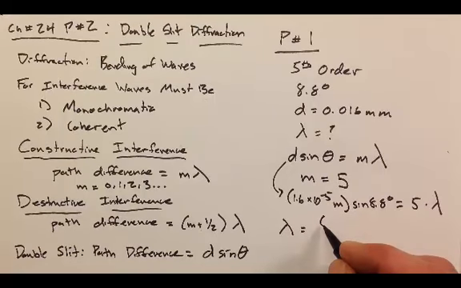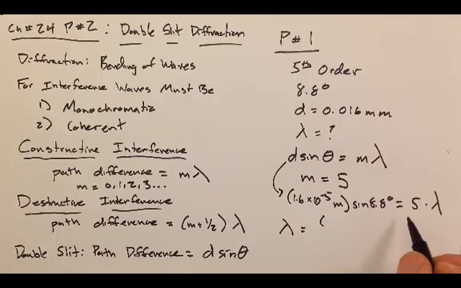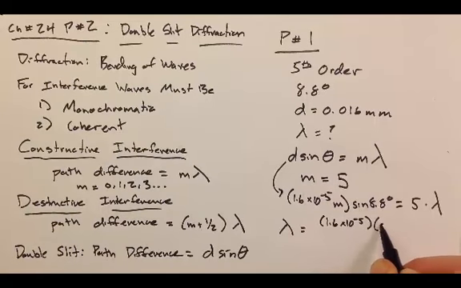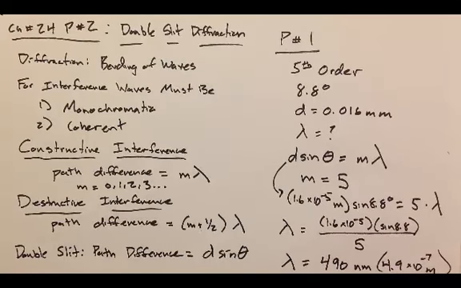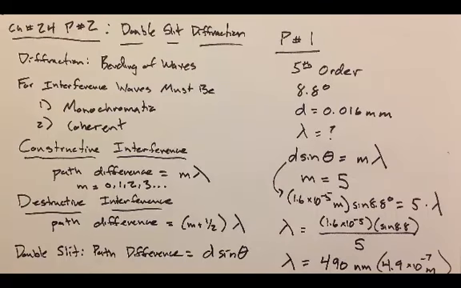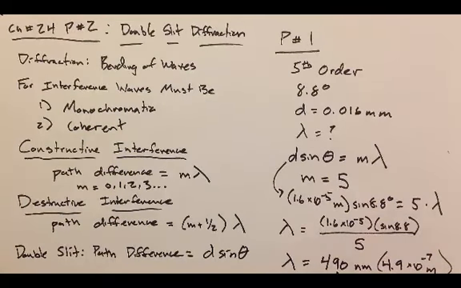Solving for lambda, I get 1.6 times 10 to the minus 5 times sine 8.8 degrees divided by 5, and lambda is equal to 490 nanometers, or 4.9 times 10 to the minus 7 meters. So that would put it somewhere around, let's see, 400 nanometers would be violet, so this might be blue or indigo.